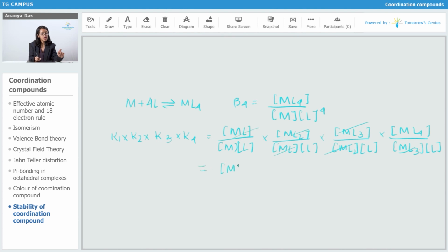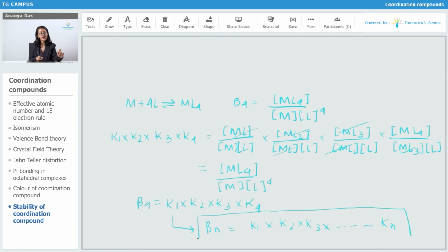So, we get ML4 upon M into L to the power 4. So, we can say that beta 4 is equal to K1 into K2 into K3 into K4. Similarly, we can say that beta n is equal to K1 into K2 into K3 and so on up to Kn. This is the relation between your stepwise stability constant and the overall stability constant.